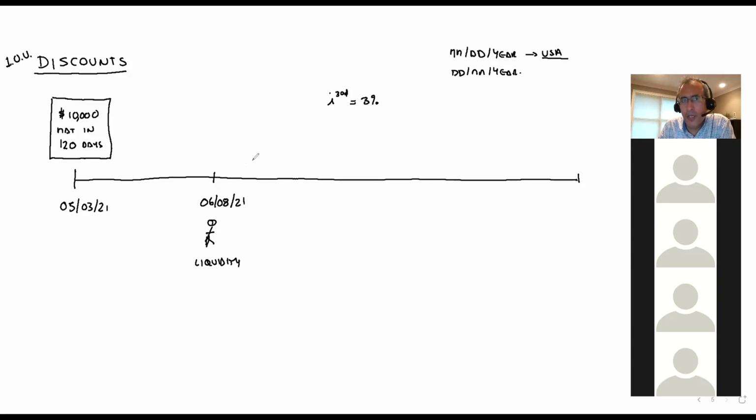Got it? Now, my question is the following. How much money are you going to receive here? If you know that the bank charges a 3% discount, and they're going to give you the money here, how much money from this $10,000 are they going to give you on June 8, 2021? The interest rate every 30 days is 3%. Go ahead, guys.